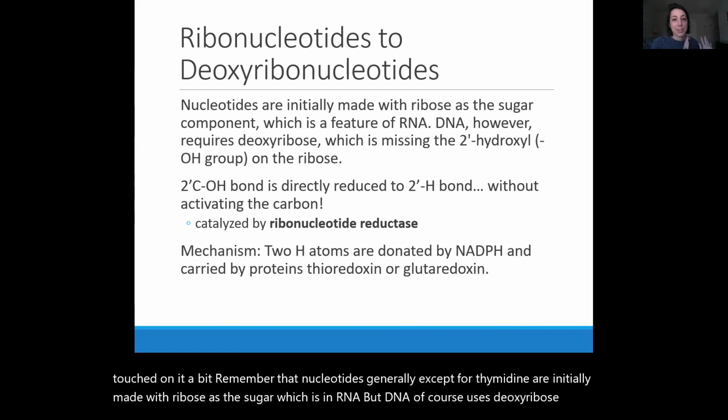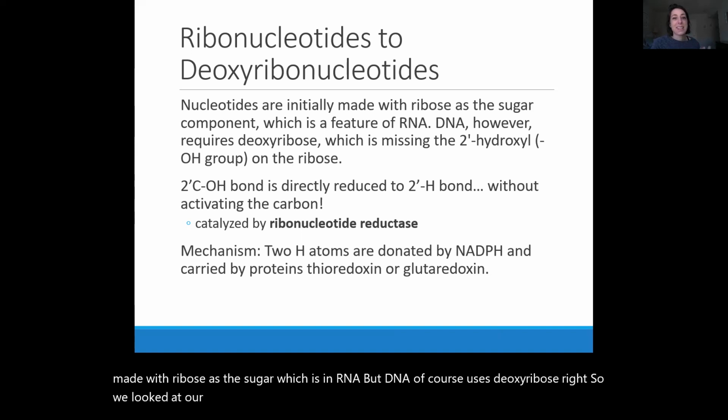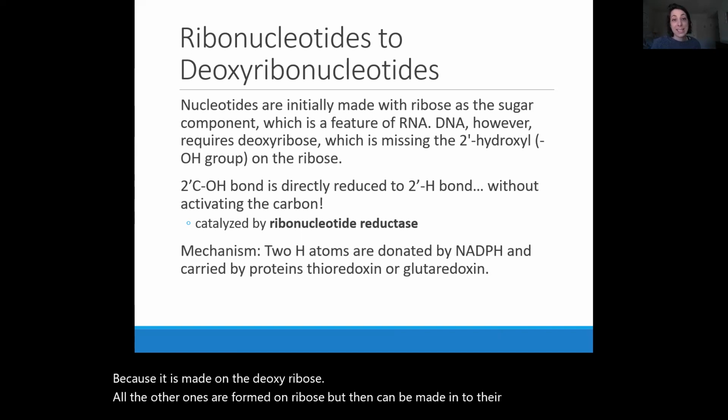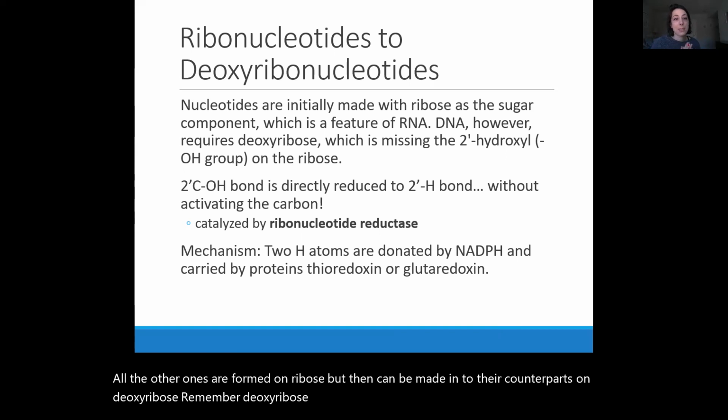So we looked at how thymidine monophosphate is the only one that has to be made in this special way because it is made on the deoxyribose. All the other ones are formed on ribose, but then can be made into their counterparts on deoxyribose. Remember, deoxyribose is essentially the same as ribose, except it is missing an OH, a hydroxyl group, on the sugar component.